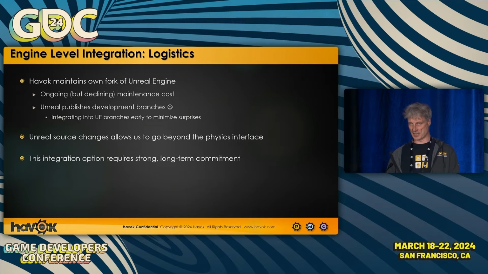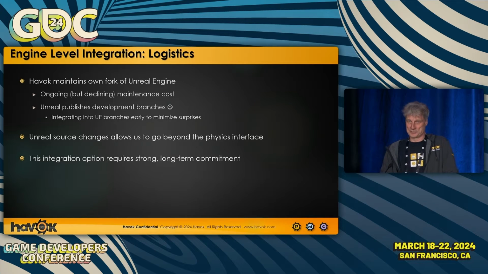The interfaces in Epic are stabilizing in Chaos, so I think the maintenance cost is going down. Another thing which is good for us is that Unreal itself is very open about the latest development. We also have a very good relationship with Unreal, so we're able to see those changes relatively early so that we are shielded from surprises. So we can integrate relatively straightforwardly.